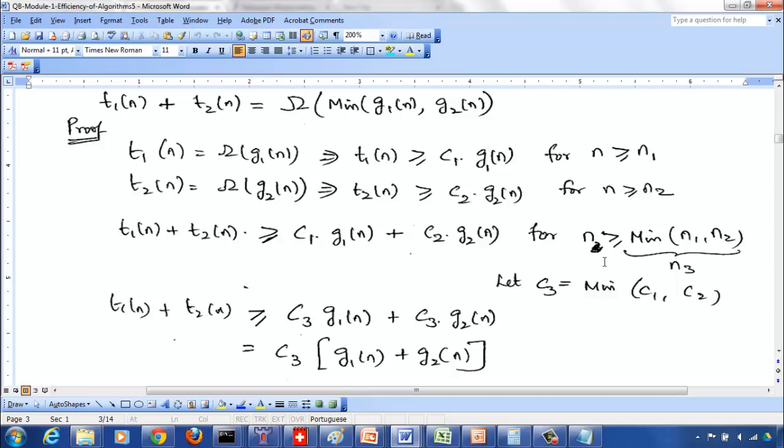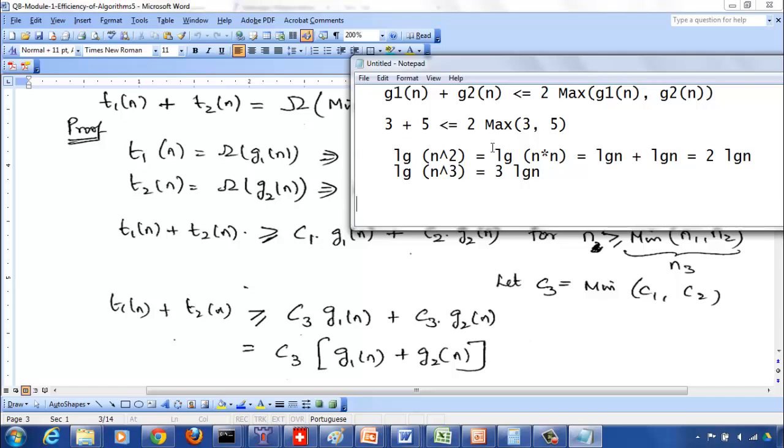So let's introduce c3 to be a constant, which is the minimum of c1 and c2. So c1 g1 plus c2 g2 is going to be greater than or equal to c3 g1 plus c3 g2. Like if you have 3 plus 5, this is going to be greater than or equal to twice the minimum of 3 and 5, right?